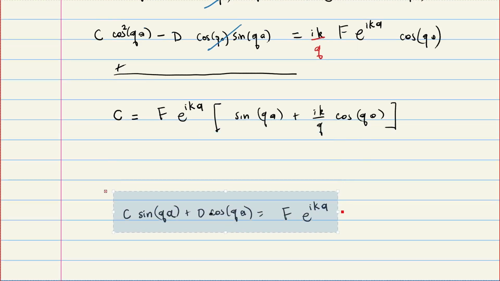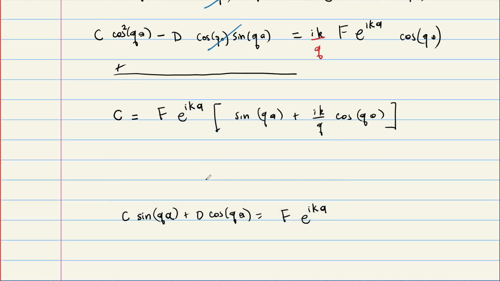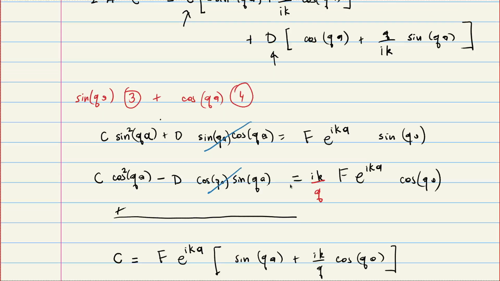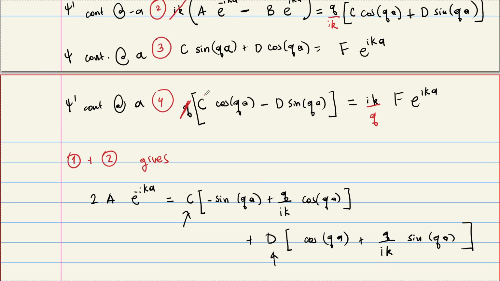So what I will do now is my last move, and then I will combine everything. Do cosine qa times 3 minus sine qa times 4. And this is 3, and let me also write 4.